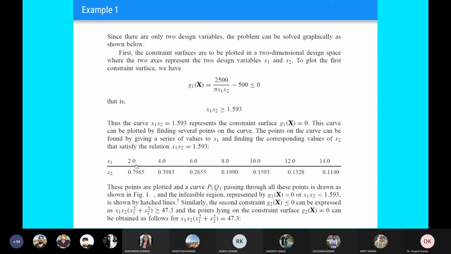You identify certain points, and you can plot these plots. If you are using your laptop or computer, you can do it there. I assume that all of you are able to draw the curve or plots using Microsoft Excel.